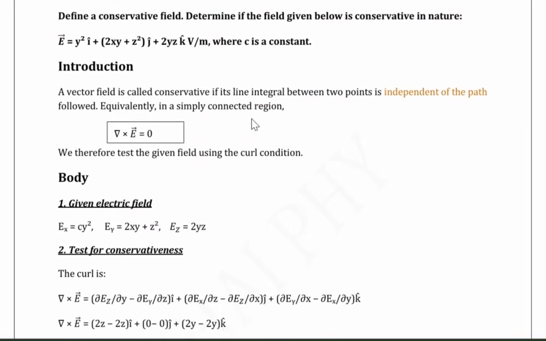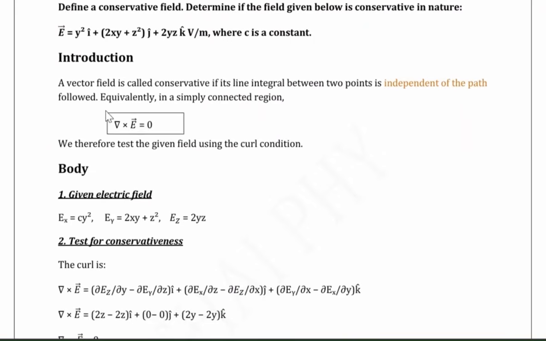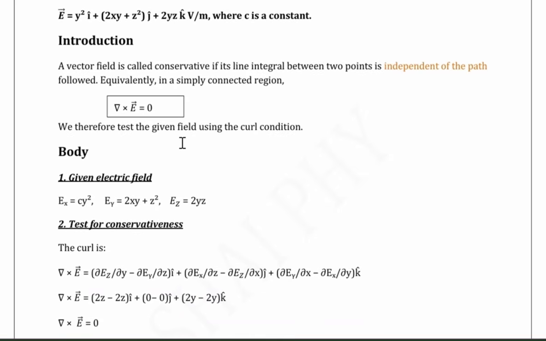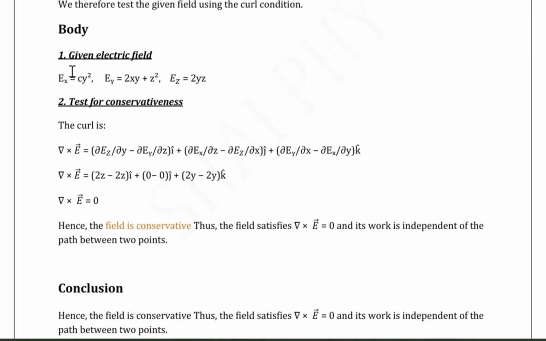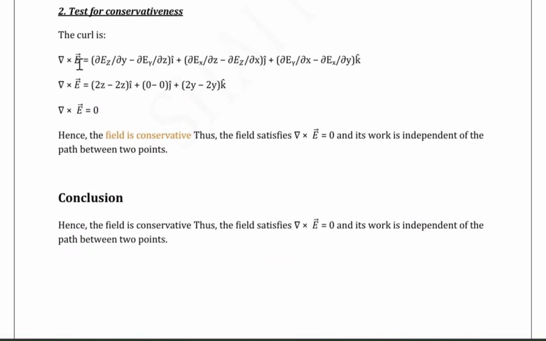So the introduction mentions that it is for conservation, which means that it is path independent, which is highlighted here. The mathematical form is that curl of E is equal to 0. So if we have proved this mathematically, we can say that the field is conservative. In the body part we take the components Ex, Ey, Ez and take the curl.